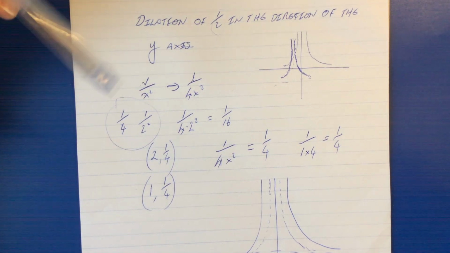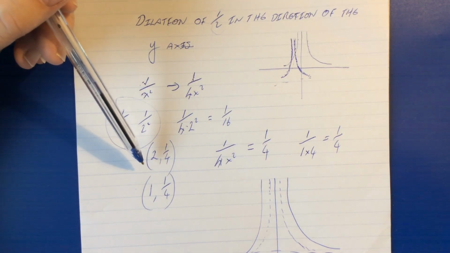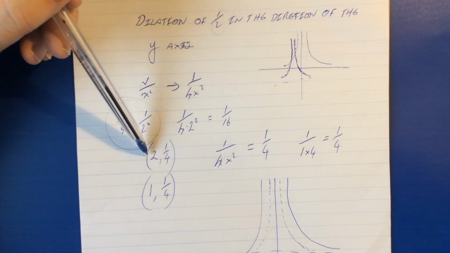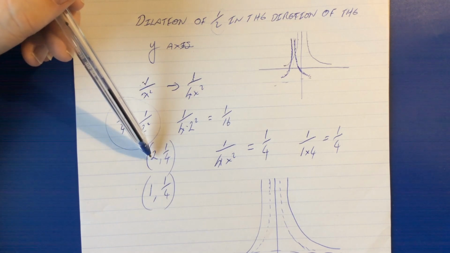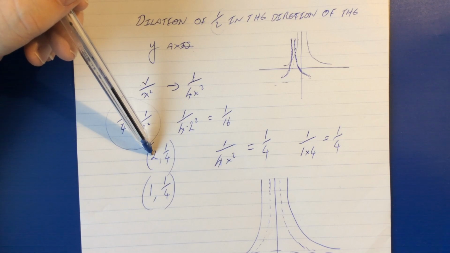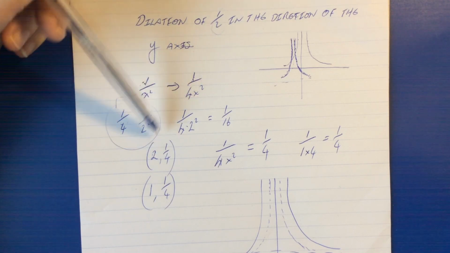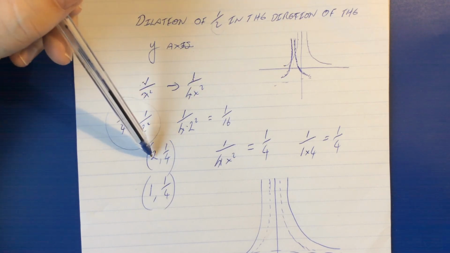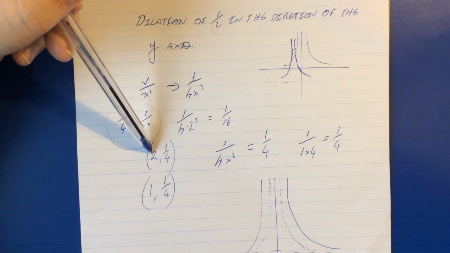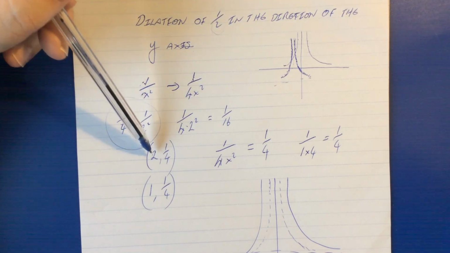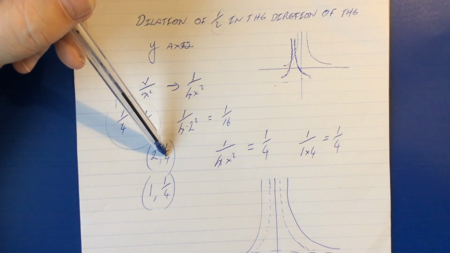So what I did to try and demonstrate this to the person concerned was I took a point on the x-axis, the same point that I'd taken for these two examples, and put 2 into this equation, and I got 1/4.